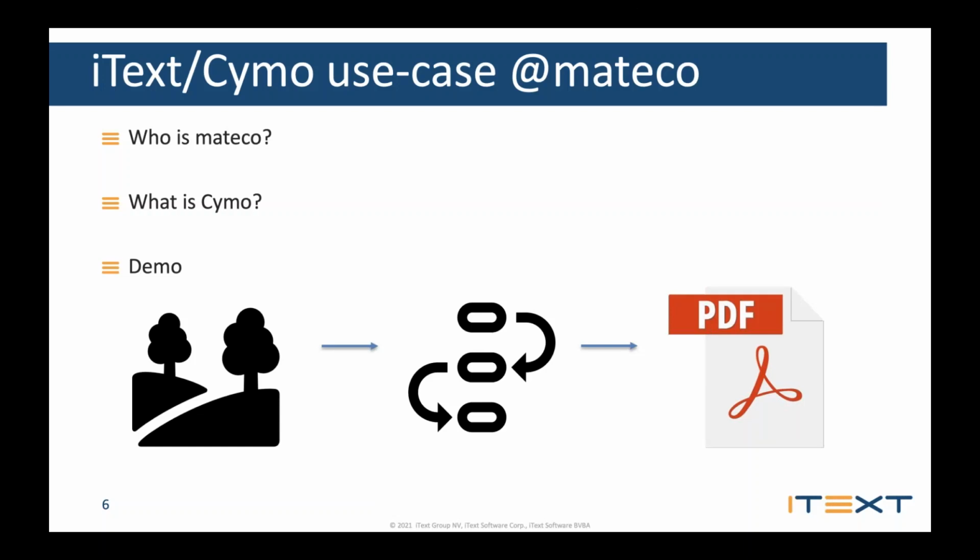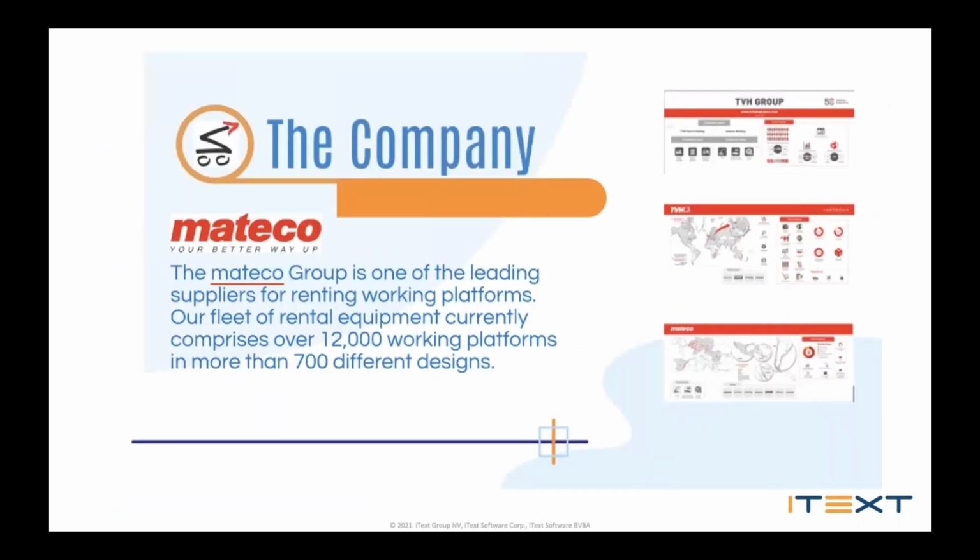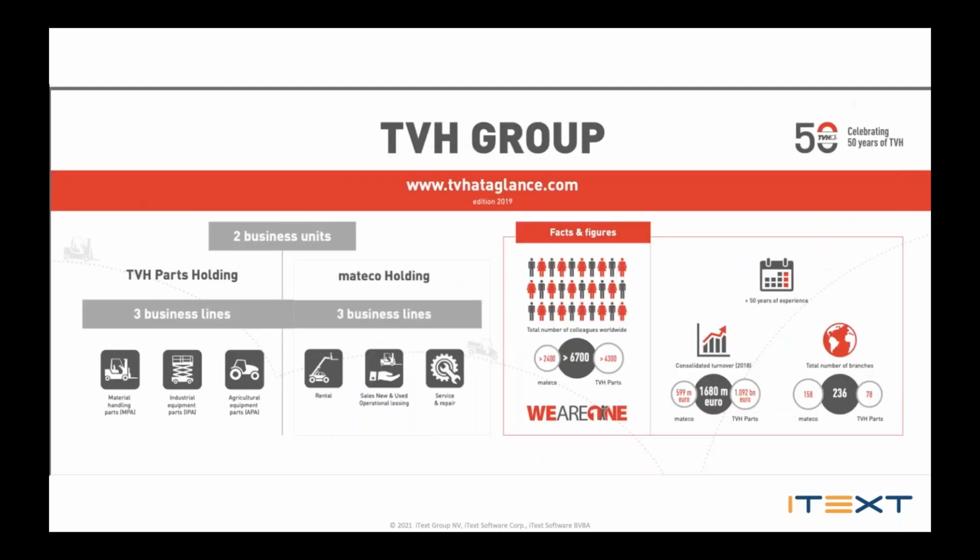Okay. So the company Mateco is actually all about lift trucks, working platforms. It's actually part of the larger TVH group, founded in Belgium. The TVH group has two business units, and one is the TVH parts. That's all about selling parts of lift trucks.